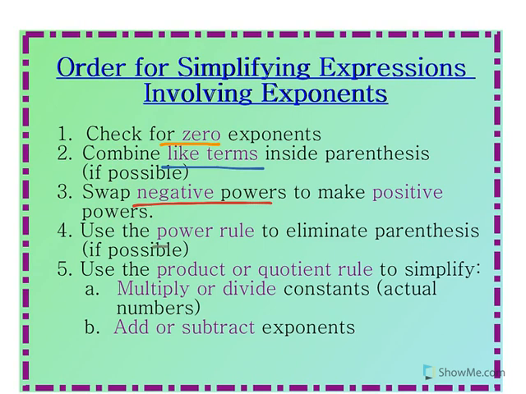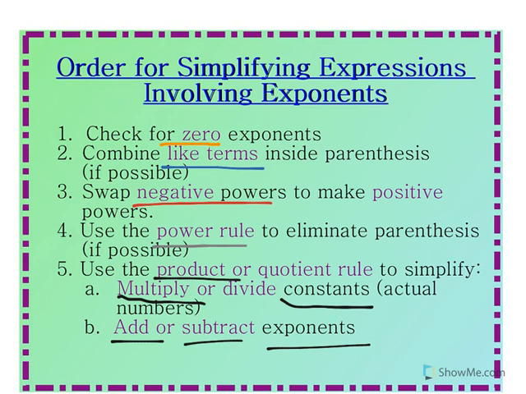Then we will use the power rule, which is from the previous day, like x to the third to the 4th power. Once that is done, we will go ahead and use the product of powers, which means we multiplied our constants or coefficients, and then we added or subtracted the exponents.